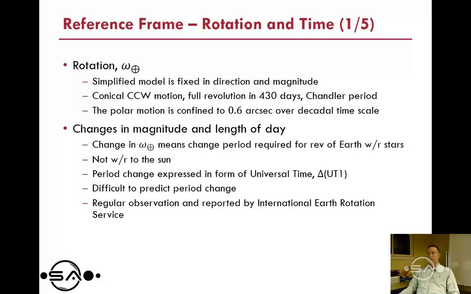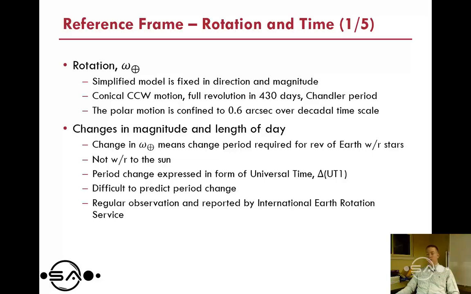It's difficult to predict the period change because, as you'll see when we use GPS or Lagos or some highly defined positioning system, we also have to include long-term our estimation of the right angular ascending node, which will change, and so the errors from estimating where the right angular ascending node is will map into, or be essentially added to, the error in the prediction of the period change, so that change in universal time.